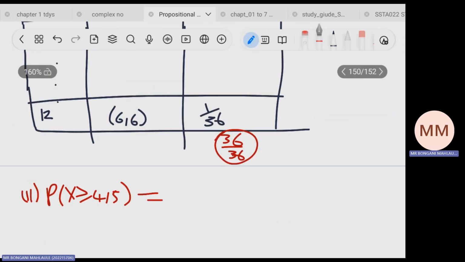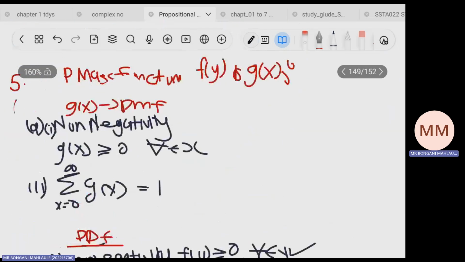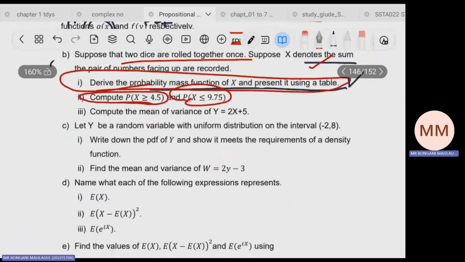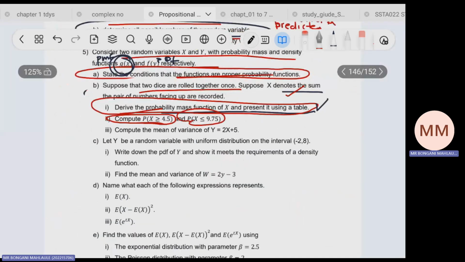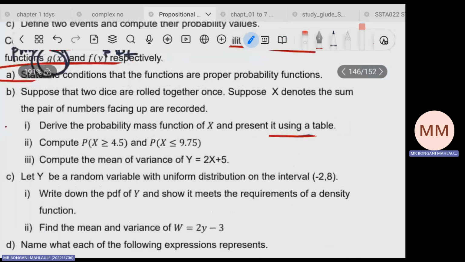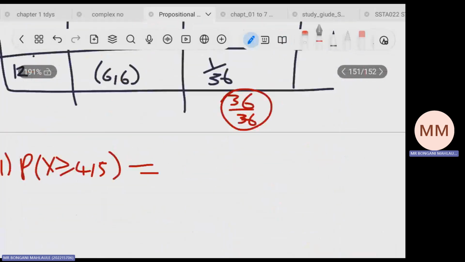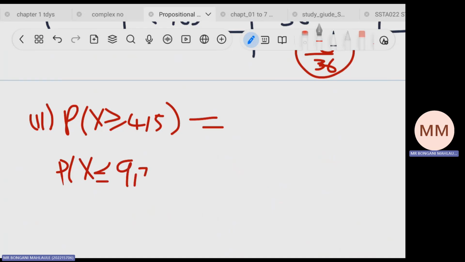So you go to use the table and check which values are greater than 4.5, and which of the values are less than 9.75. X less or equal to 9.75.